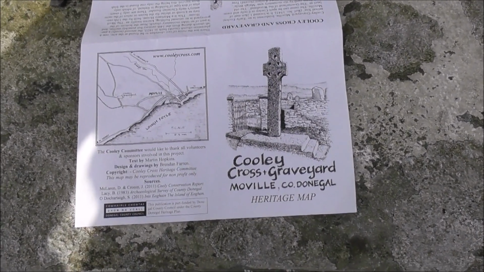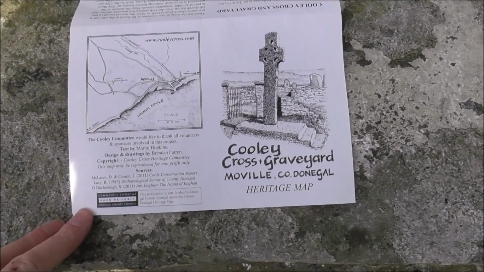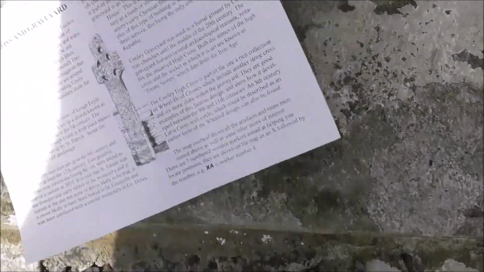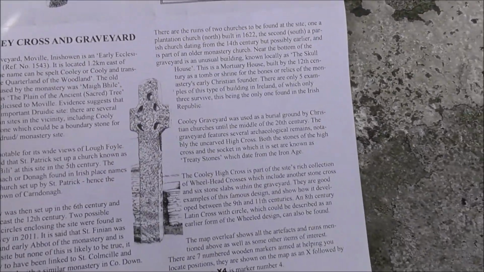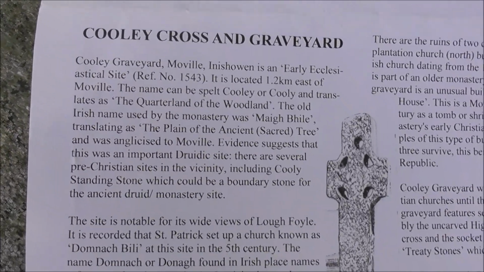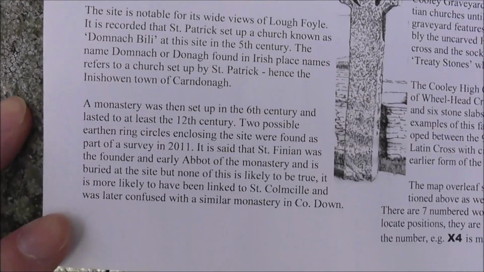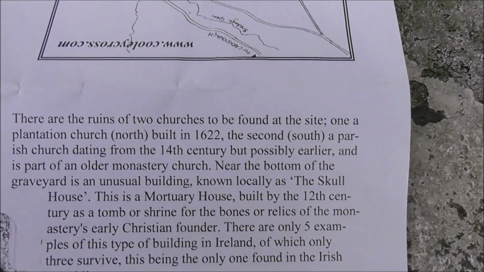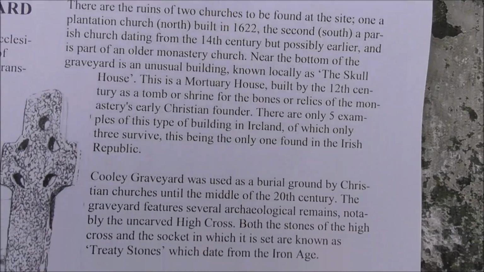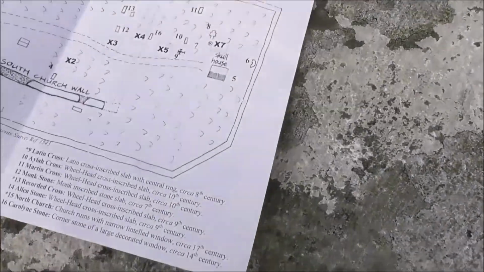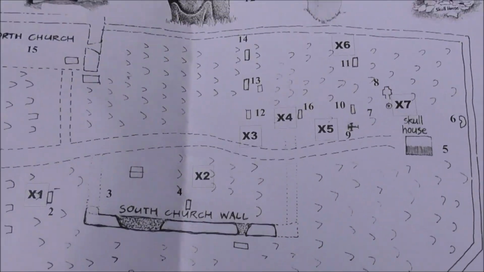Information sheet, the heritage map. And this is very informative. You can read this yourself. On the other side is a map of what we were supposed to see.